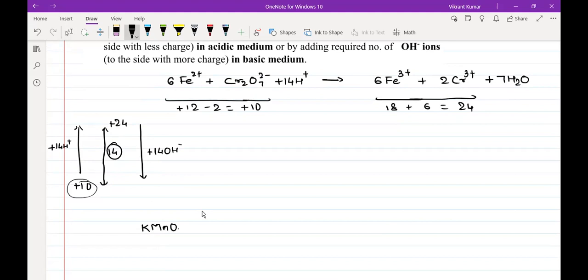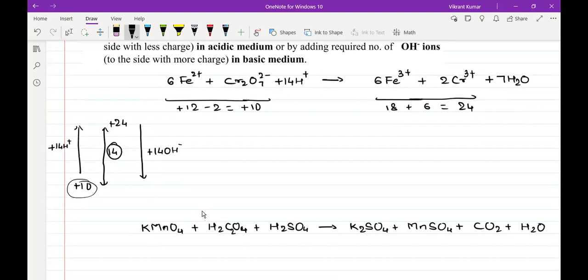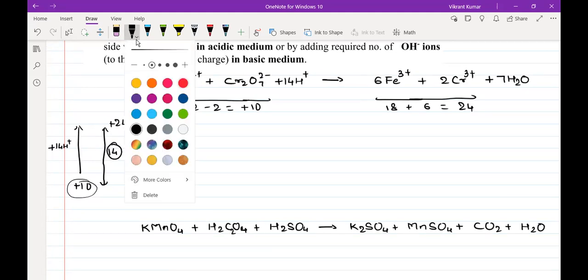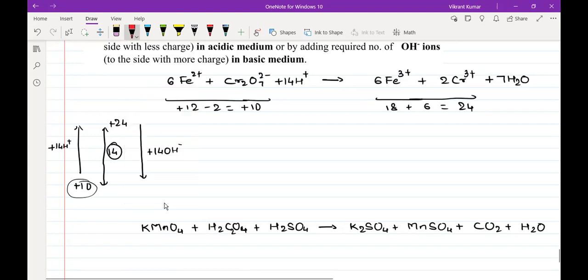I'll just show you कि एक बार में अगर मैंने जो काम किया ना, वो सारा काम एक साथ अगर मैं करना चाहूँ तो कैसे करूँगा. सबसे पहले I'll assign the oxidation state so that we can have idea कि कौन सी चीज कहाँ जा रही है.